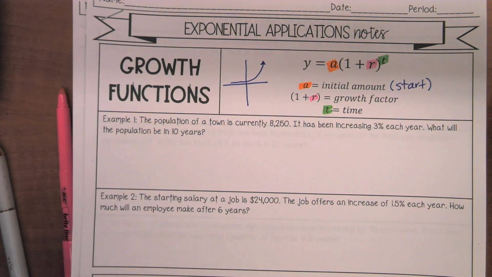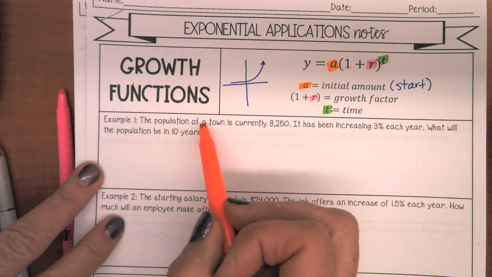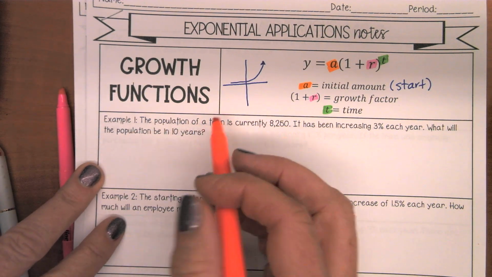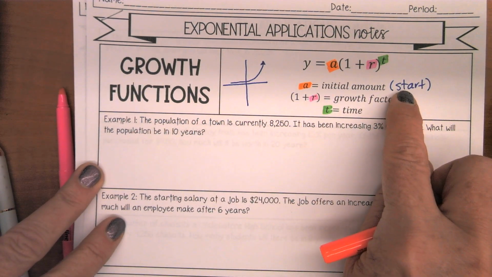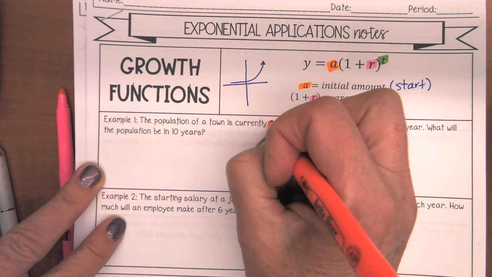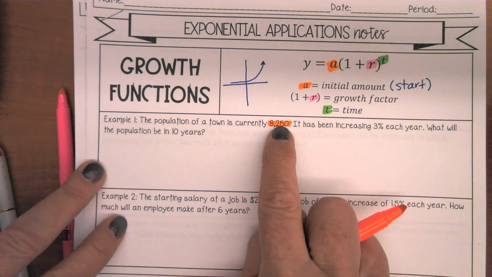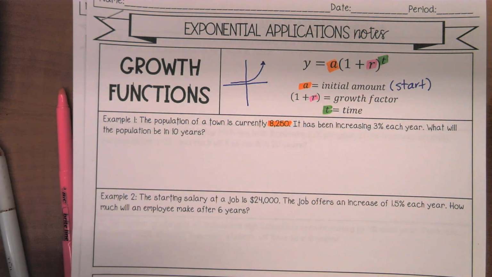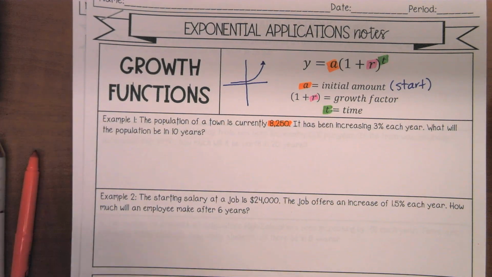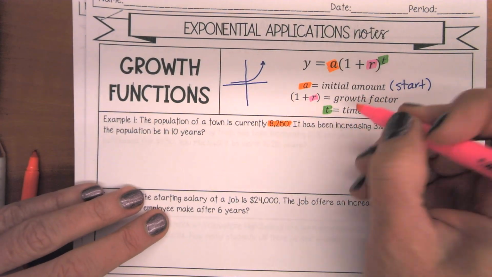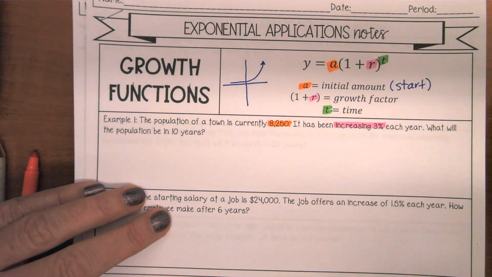Okay, let's take a look. This problem is talking about people that live inside a town. I notice that our initial amount, our starting amount, is 8,250 people. That's how many people are in town. Now that town is growing. Notice it says increasing 3% each year.